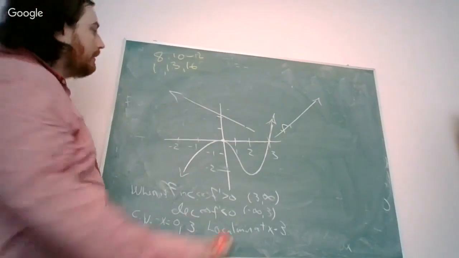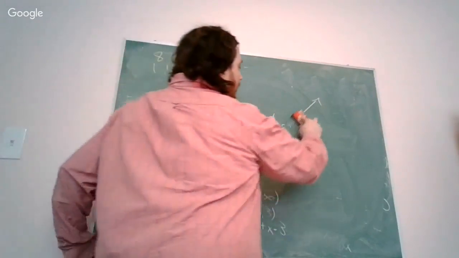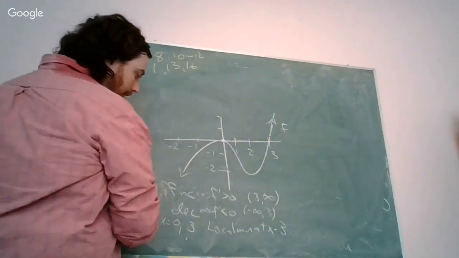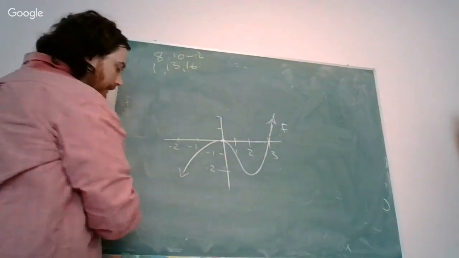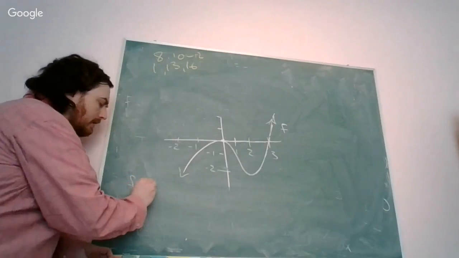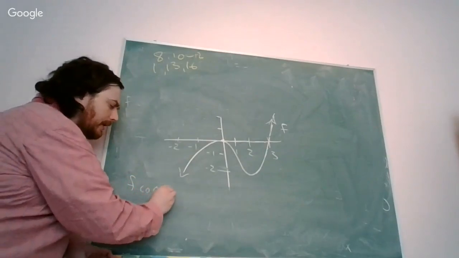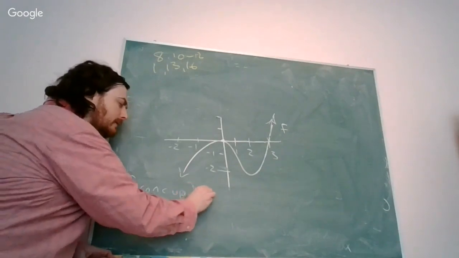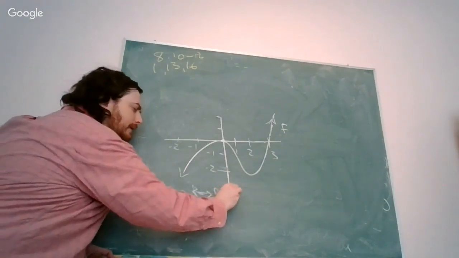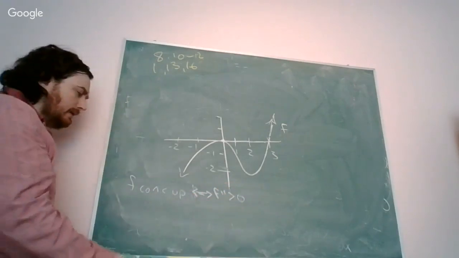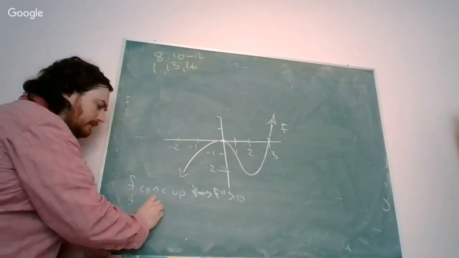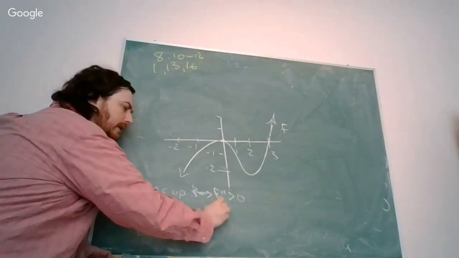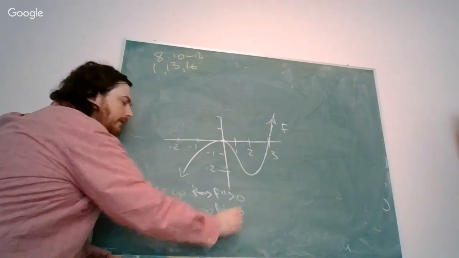The next part's going to be, where is this function concave up and concave down? So now I'm going to go back and do this all over again, and I'm going to write this down just to keep everything straight. f is concave up if and only if the second derivative is positive, and it's concave down if and only if the second derivative is negative.